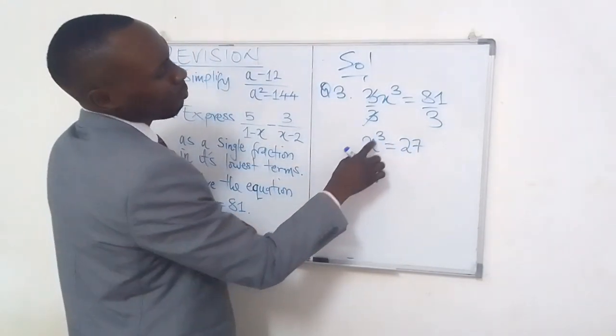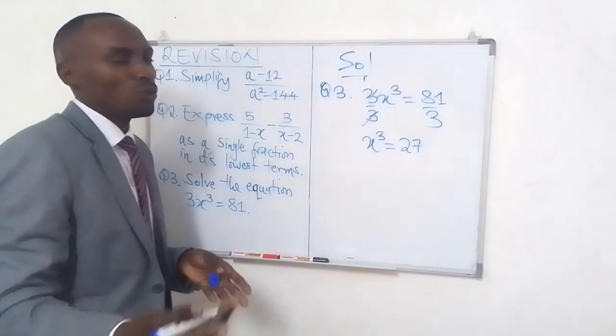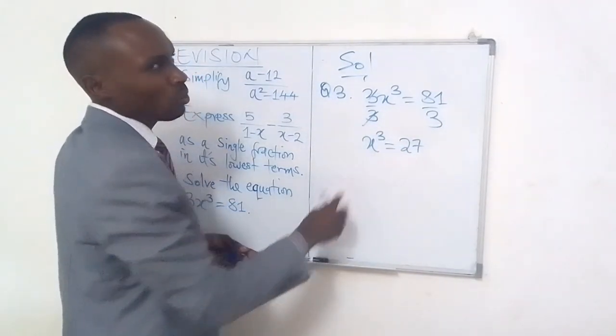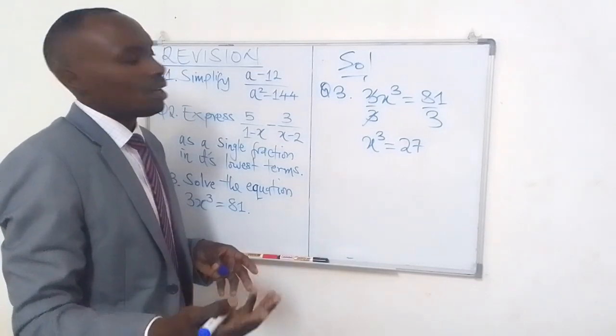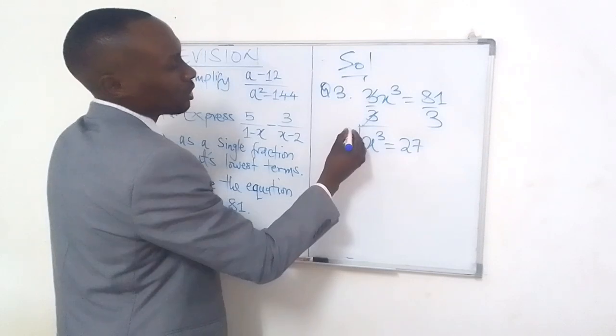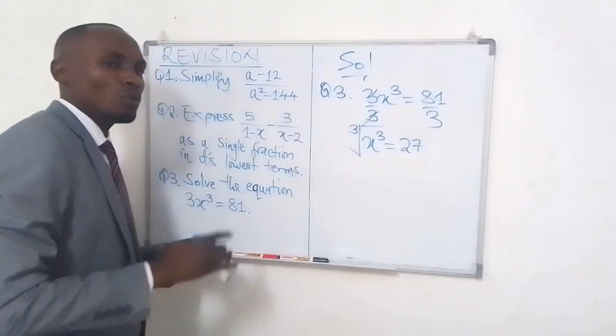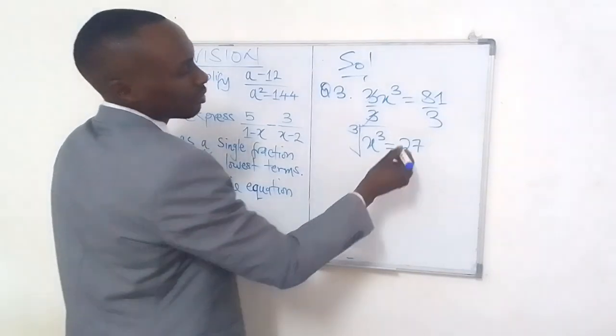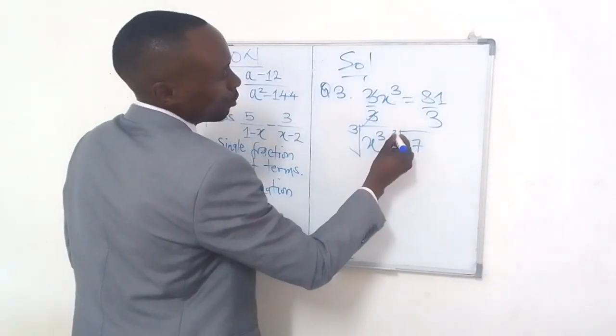Okay, so now x to the power 3 is equal to 27. We want the value of x. What do we do? Here there's power 3 on x. So we introduce the inverse of power 3, which is basically the cube root. Okay, so the inverse of cube is cube root. So both sides, cube root.